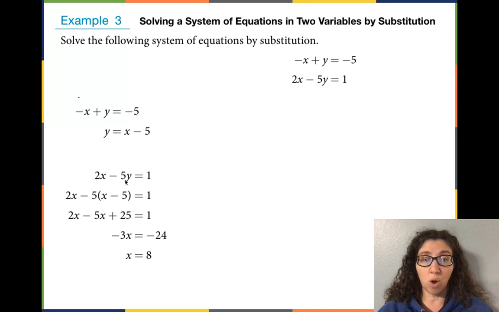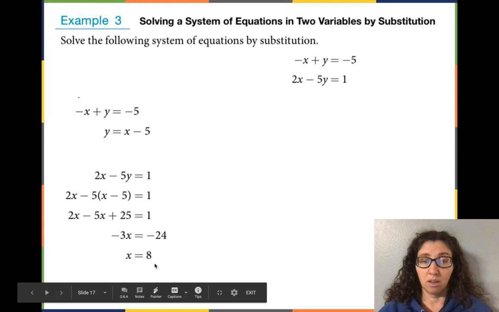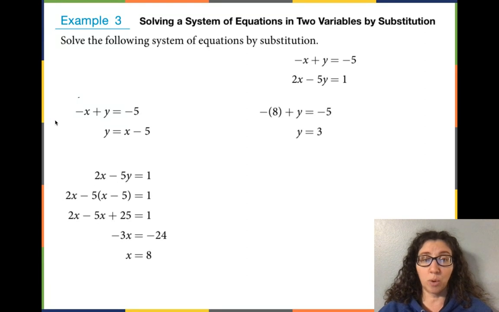Everywhere there is a y, we're going to put x minus 5, right? So we put x minus 5 here for y, and now we just have a linear equation. We distribute, we group like terms, we solve for x, right? So we've solved for one variable, and now we go back to our original equation, or with this one, either way, to solve for y, right?